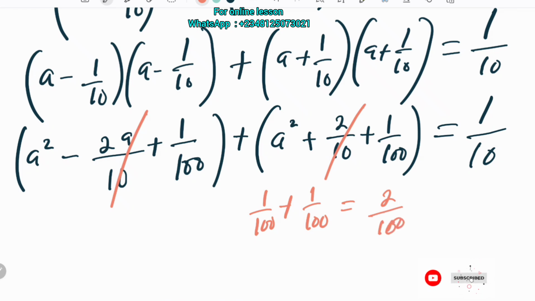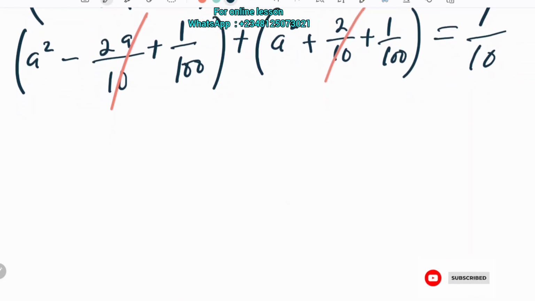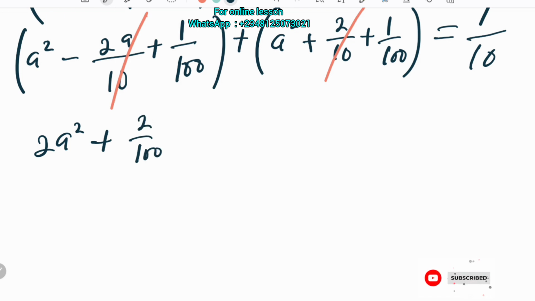So we are going to use that now. So it will now become a squared plus a squared, that's 2a squared, then plus 2 over 100 equal to 1 over 10. So that is what we have there.